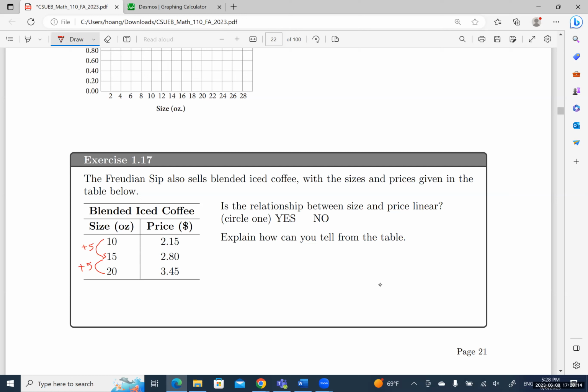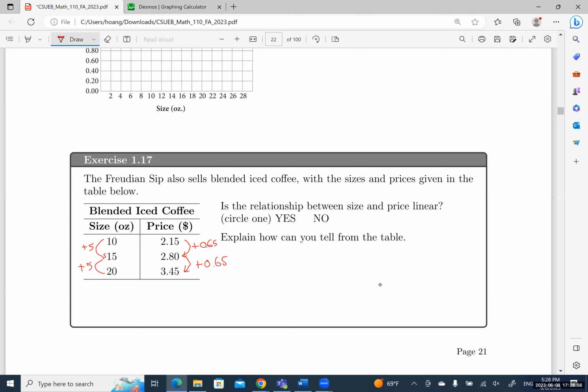So the price changes, you're adding 0.65. And then 2.80 to 3.45, keep adding 0.65. So is the relationship between size and price linear? Think about it and explain how you can tell from the tables.